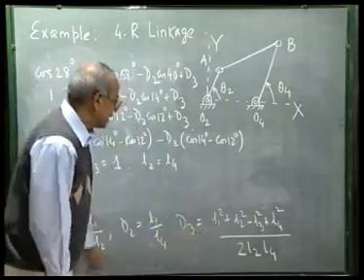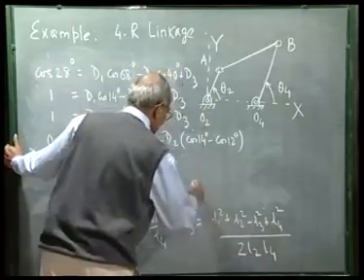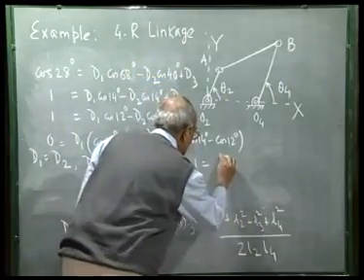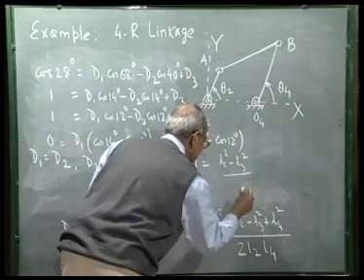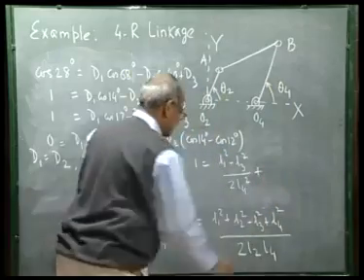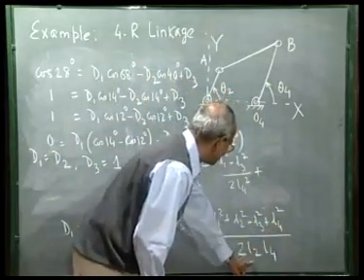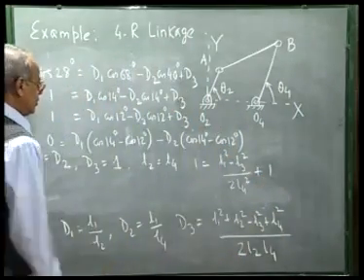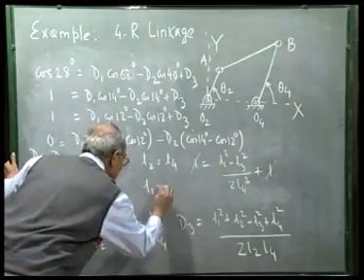If I put L2 equal to L4 and d3 is 1, then 1 equals (L1 squared minus L3 squared) divided by 2 L4 squared plus (L2 squared plus L4 squared is 2 L4 squared, and this is 2 L4 squared). So that is 1, which clearly tells me 1 cancels, L1 is equal to L3.